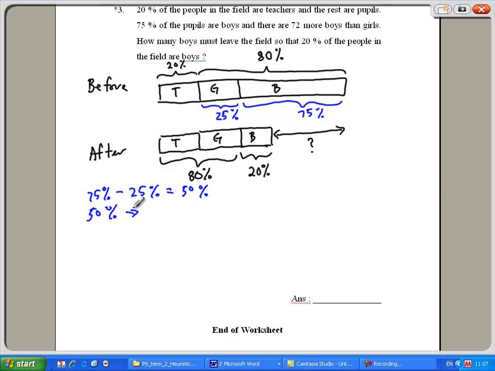So 50% is 72 pupils. So let's find 25%. 25% would be 72 divided by 2. Since it's exactly half, that would be 36 pupils.